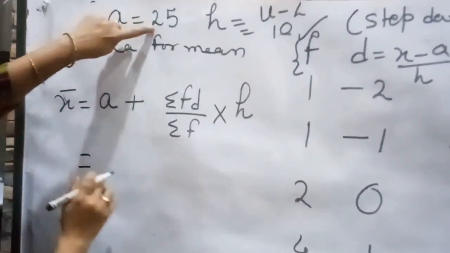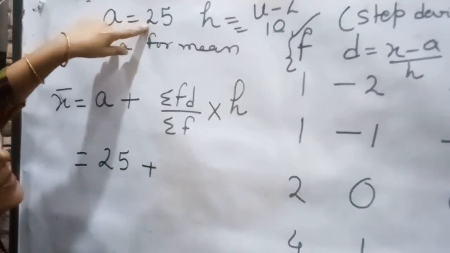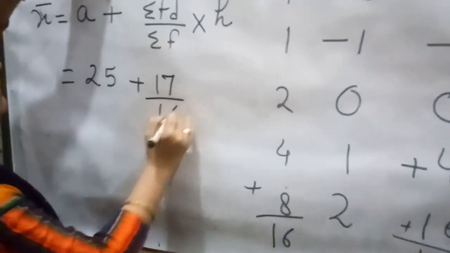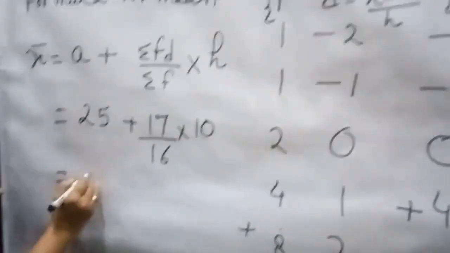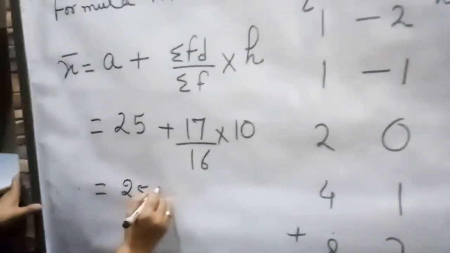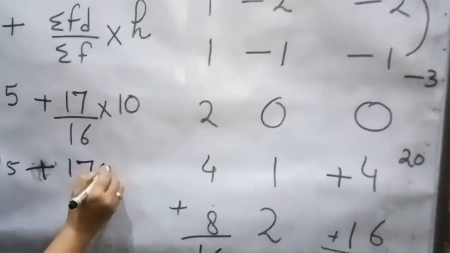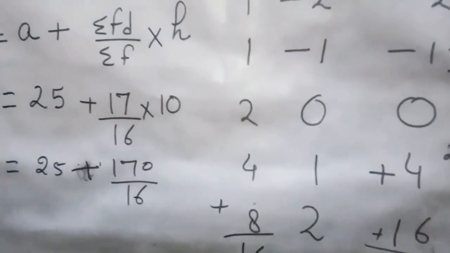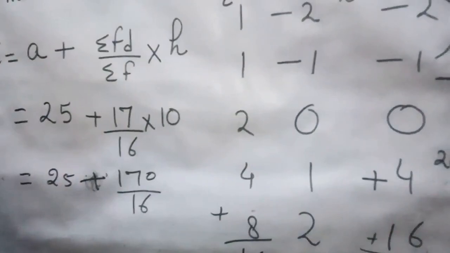Now A, what we have chosen? 25. Sigma FD, that means 17. Sigma F is 16 and here h is 10. Now 25 into 1 plus 170 by 16, and I think you can solve it easily and you will get the answer.